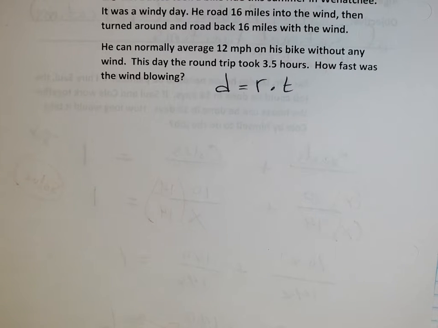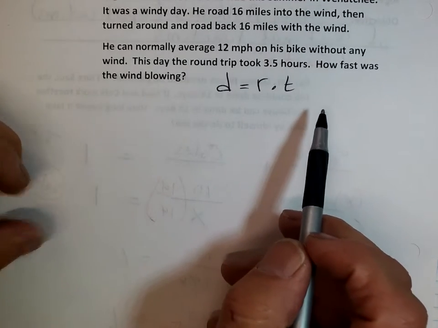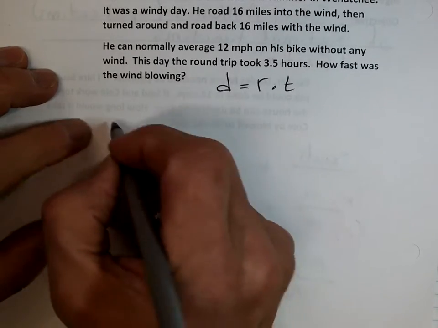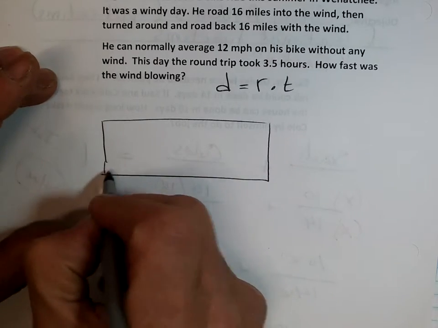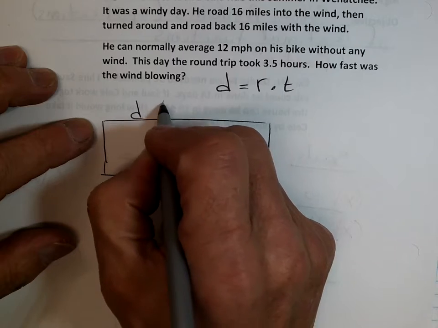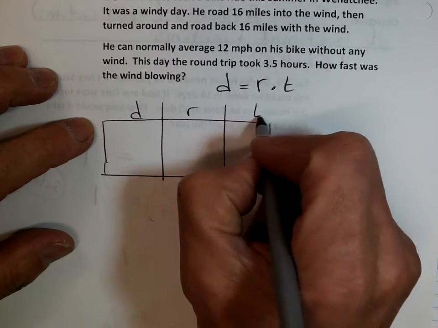Okay, so then what we have here is we've got a distance and we want to find out time, okay? So I'm going to set up a little chart. My chart is going to be distance, rate, and time.